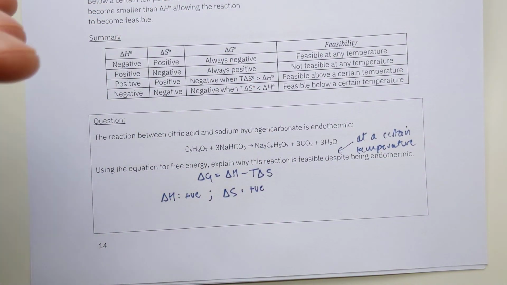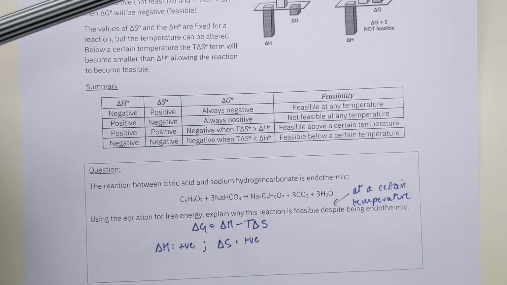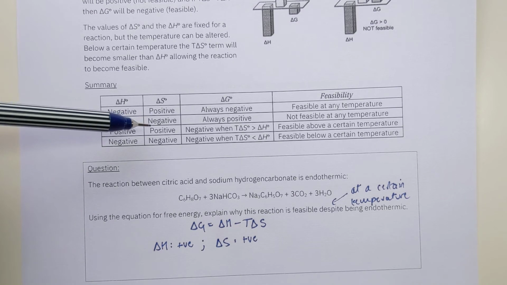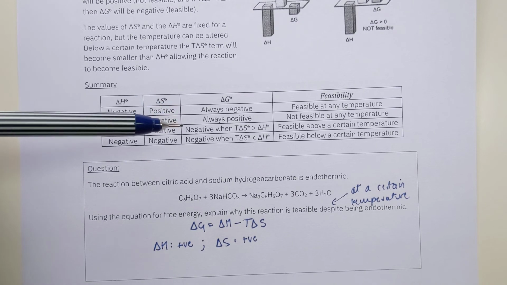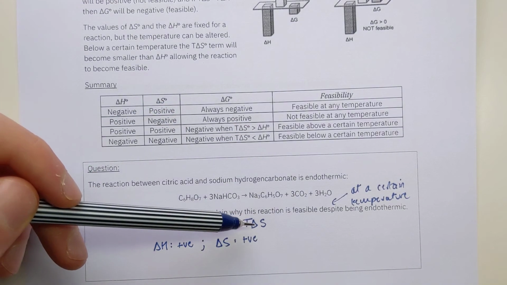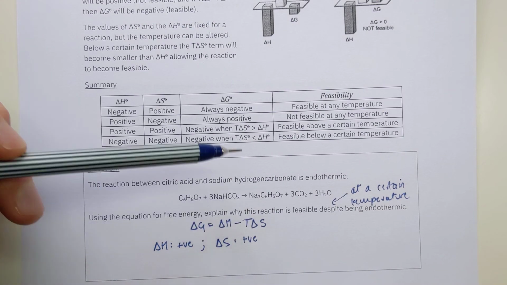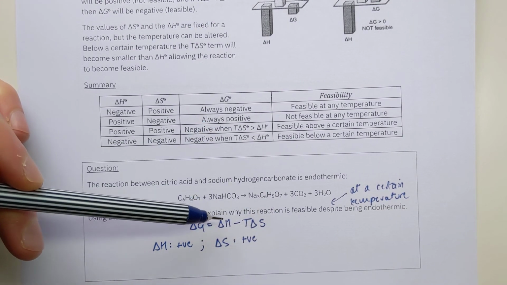Therefore, if we're asking why it would be feasible at a certain temperature, we're looking at our table above. If both values are positive, it becomes feasible above a certain temperature because your T delta S term, which makes your reaction negative, is going to become bigger than the positive delta H term.